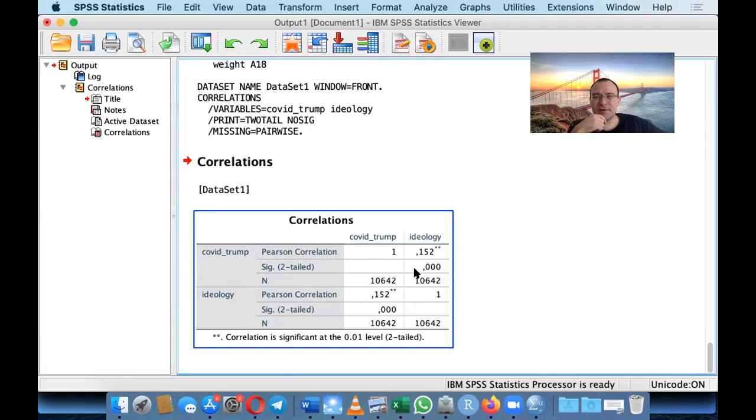If it's larger than 0.05, it means it's not significant. And now you would think, okay, what does it mean?